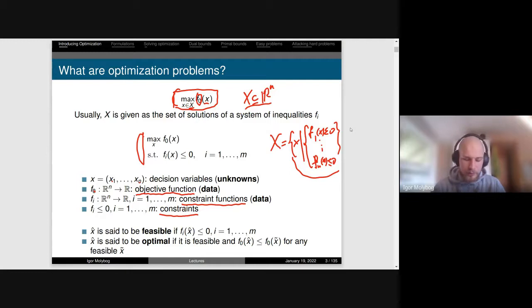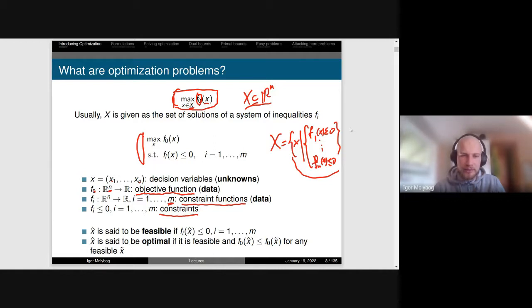In the end, we can see that there are two important numbers present here. First is n, the number of variables, and second is m, the number of constraints. These two numbers, n and m, are called the size of the problem, which are quite important if we are talking about the complexity of the problem.